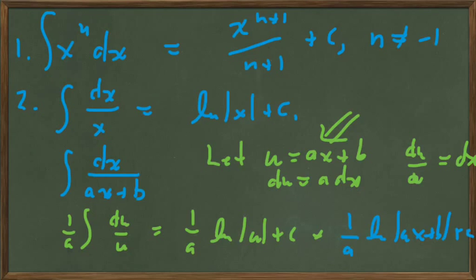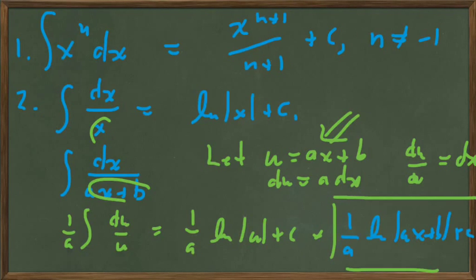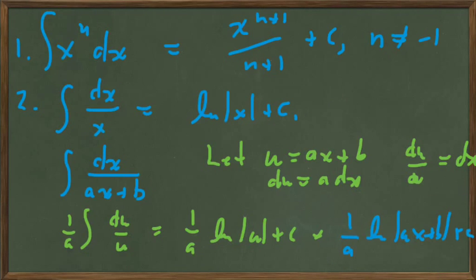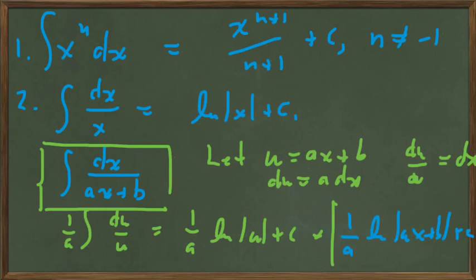So the occurrence of the ax plus b in the denominator as opposed to just x made just one small difference between this solution here and this solution here, and that was the 1 over a out front. So this integral form is going to be the one that we're going to want to remember. dx over ax plus b is 1 over a ln of absolute value ax plus b plus c.